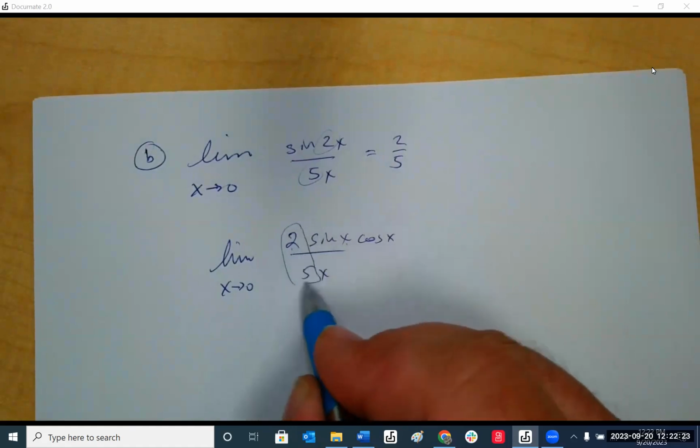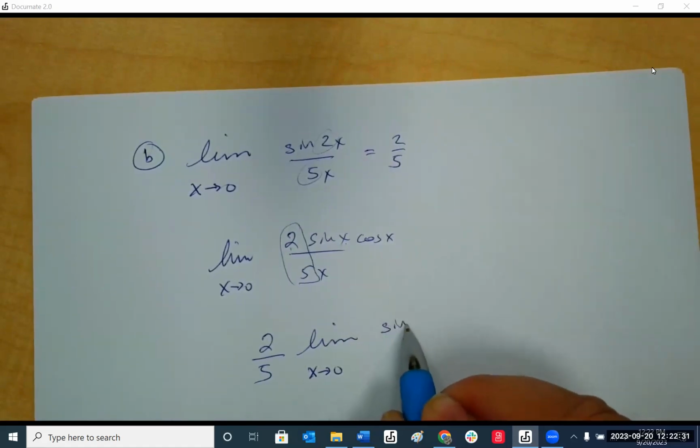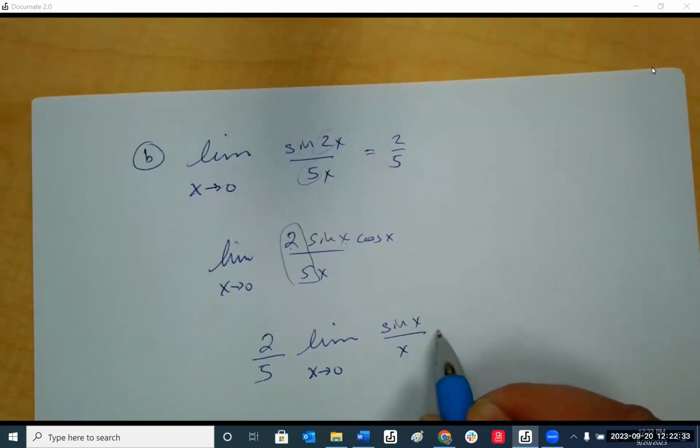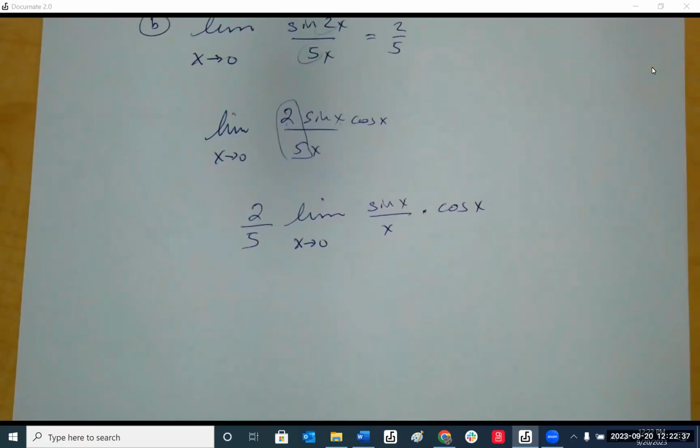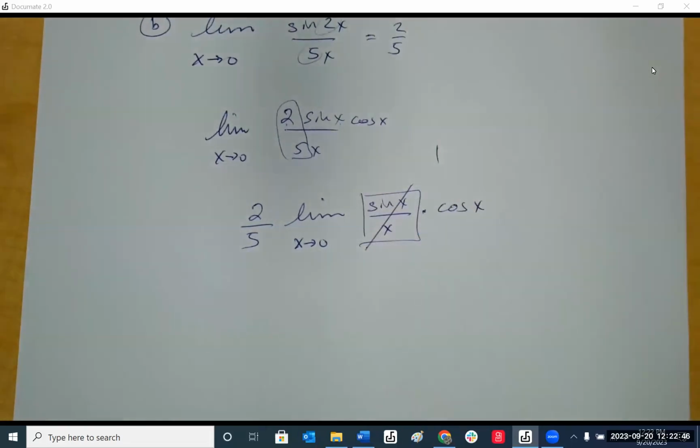This is a constant, so it can go out in front. So we have sine x over x times cosine x. This, as x goes to 0, becomes 1.